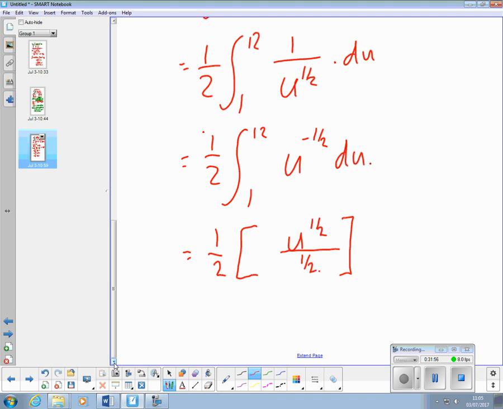Yep. And if we divide by a half, that's the same as multiplying by 2, isn't it? Yeah. So that's 2 u to the half. Right. And what happens there? Cancel, cancel. 2 there and 2 there cancel. See that?